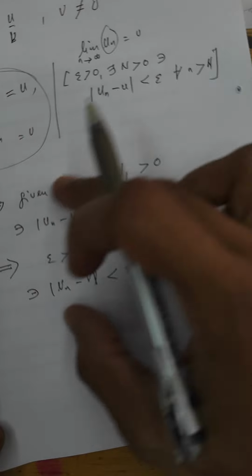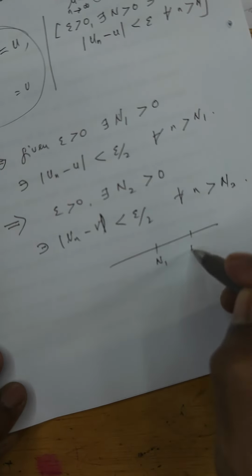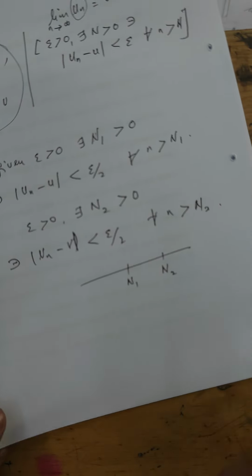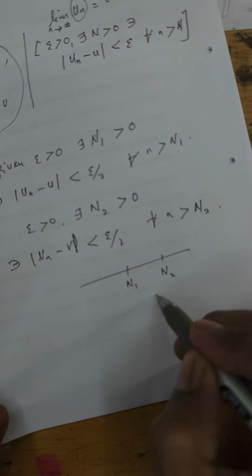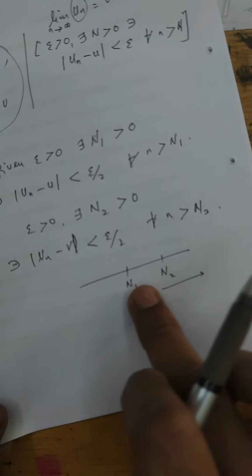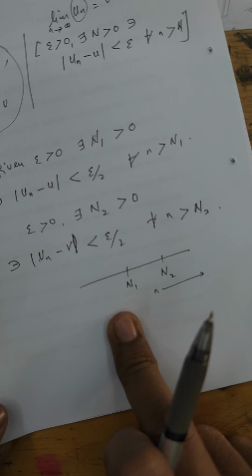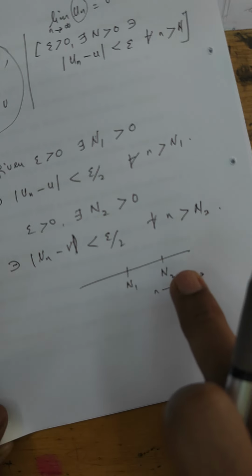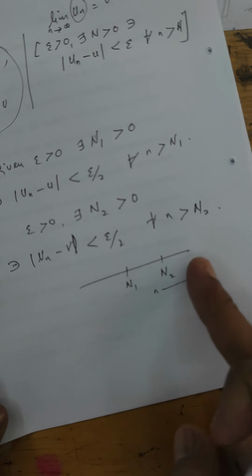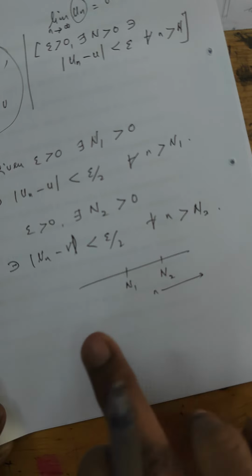So what we have here, n1 is here and n2 here, for example, or you can put n2 here and n1 here, we don't know which one. But if you choose any n bigger than both of these, it automatically satisfies the other one. If we choose n greater than n2, then it automatically satisfies n1 because n1 is less than n2.